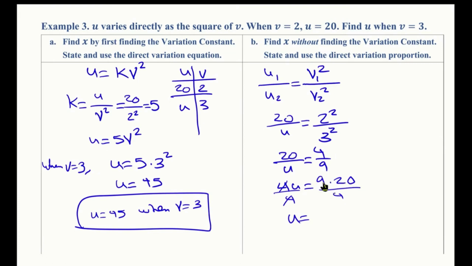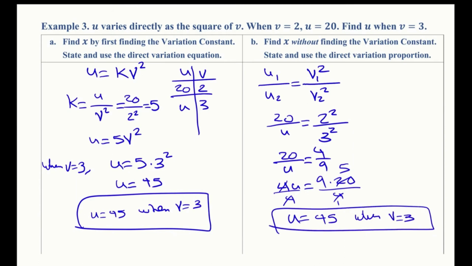That's because if I just leave it as 9 times 20 rather than just work it out in my head and put 180, then I can much more easily see any possible cross canceling, as I can see now. See, so 4 goes into 4 once, into 20 5 times. All right, so we get u equals 45. Not surprisingly, because we'd already done it, and of course that's when v equals 3.